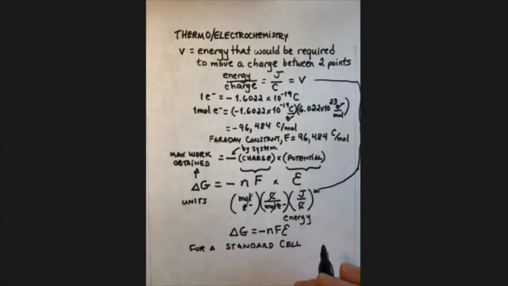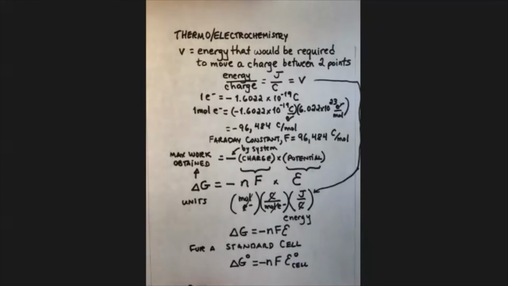If we're talking gases, they would be at 1 atmosphere of pressure. So for a standard cell, that would be delta G naught, the standard free energy, equals minus nF times the standard potential of the cell, which we have already discussed. You calculate it by taking the potential at the cathode minus the potential at the anode.